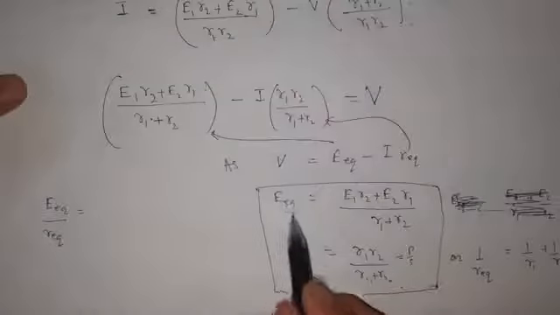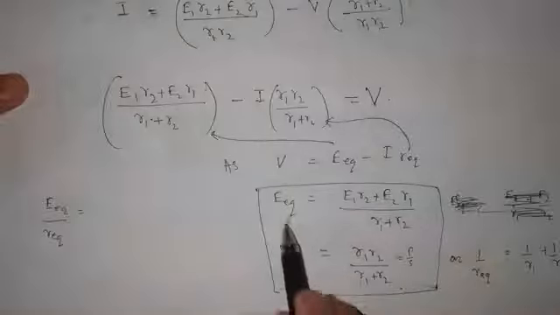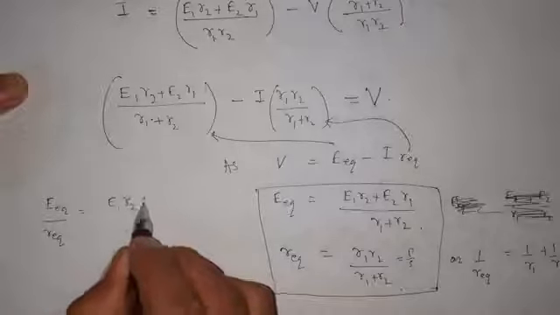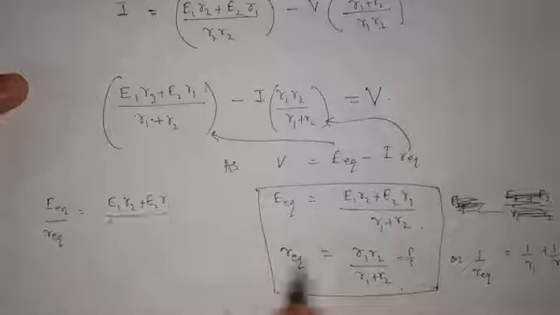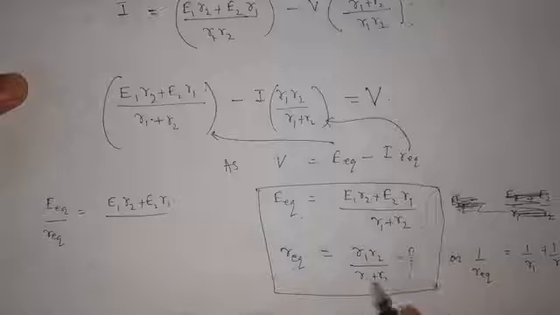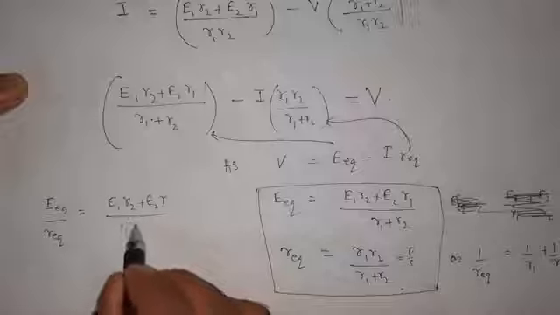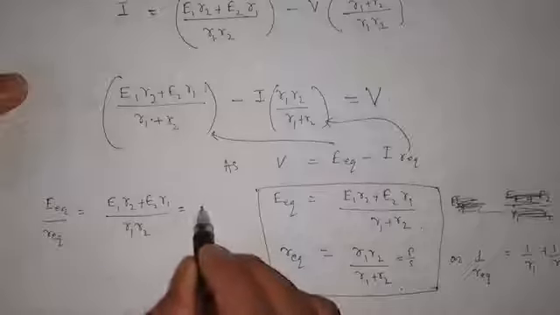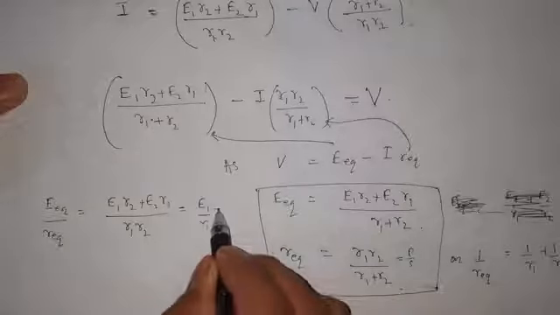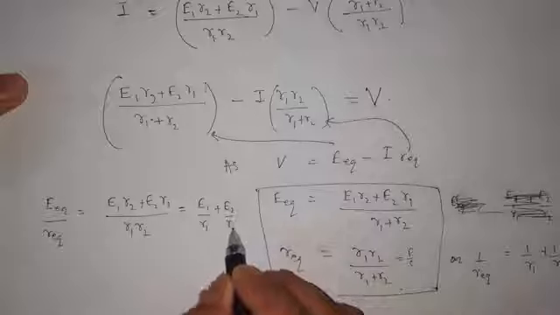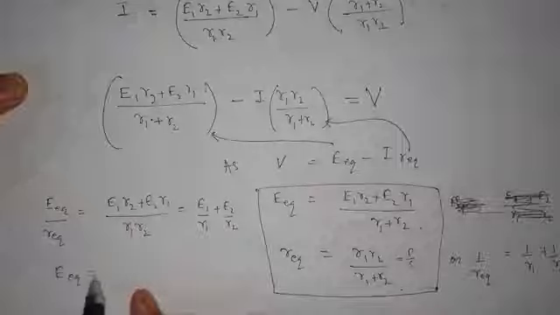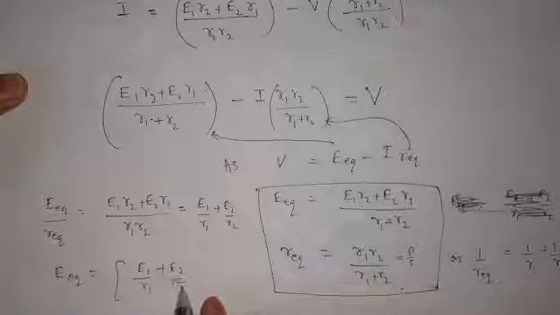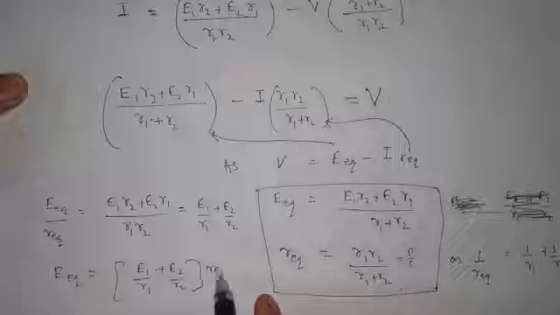So as equivalent EMF is this and equivalent resistance is this, if I divide them, what I will get over here is E1 R2 plus E2 R1 upon R1 R2. The R1 R2 will cancel, or I can write this by separating the denominator: E1 by R1 plus E2 by R2, and from here the equivalent EMF will be equal to E1 by R1 plus E2 by R2, and this R equivalent will go in the multiplication.